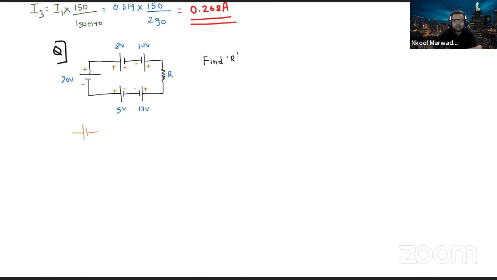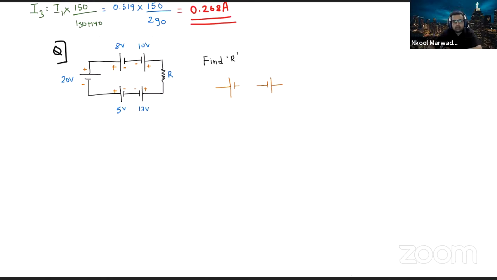two scenarios we have seen. Let me write. Voltage drop and voltage rise.